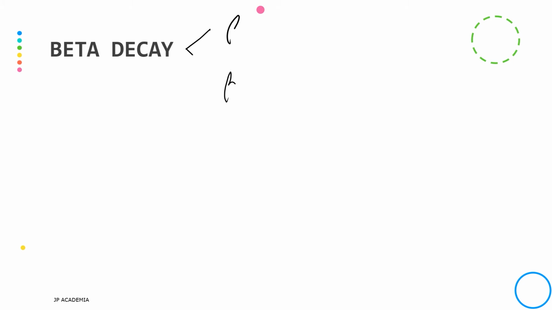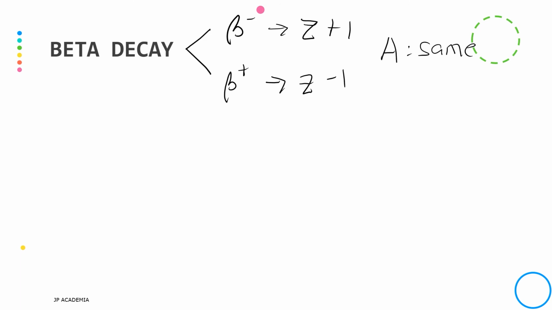In beta decay, a beta particle, either a fast energetic electron, beta minus, or a beta plus, which is a positron, a positively charged electron, is emitted from an atomic nucleus, transforming the original parent nuclide into an isobar. When we say isobar, it means the same number of nucleons. So we have the same A here, but a different chemical element, as shown.